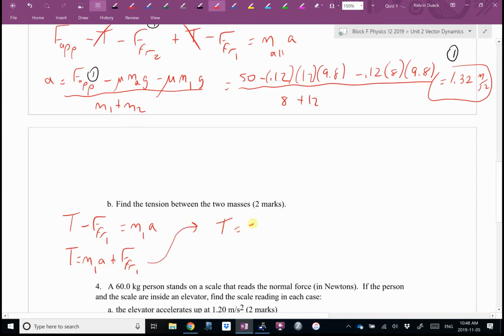Tension is going to be M1, 8, A, 1.32. I'm going to use my answer button, though, because I do have an extra digit kicking around here, 1.324. Plus mu times the normal force. I don't know the normal force. Oh, but look. I'm going to get tension equals 8 times 1.32 plus 0.12 times 8 times 9.8.